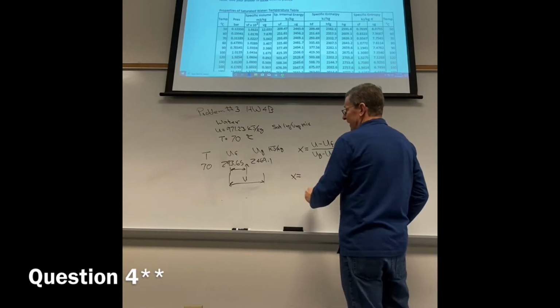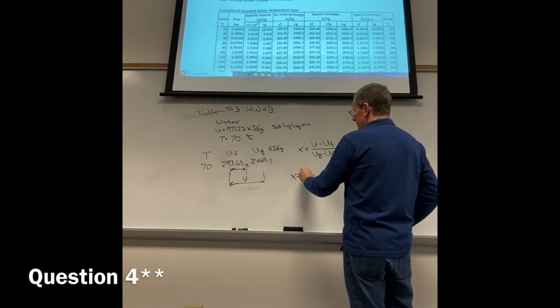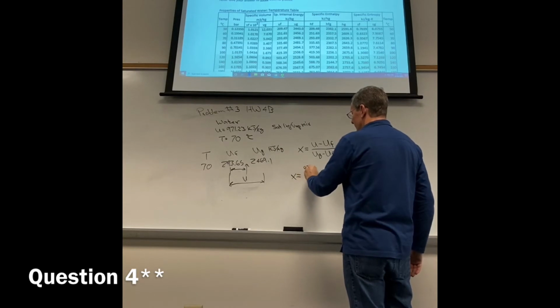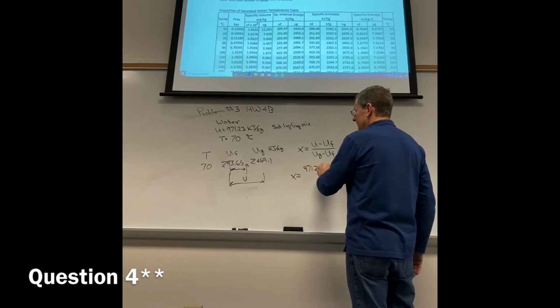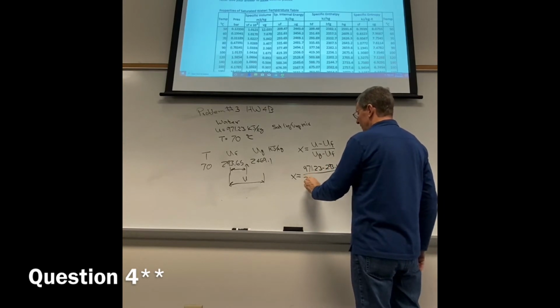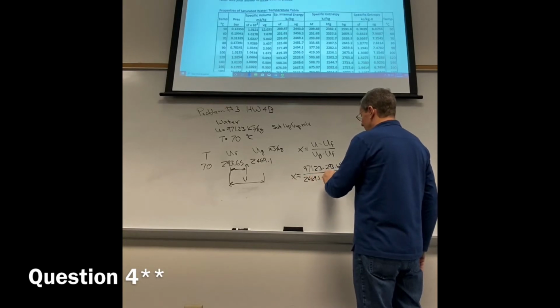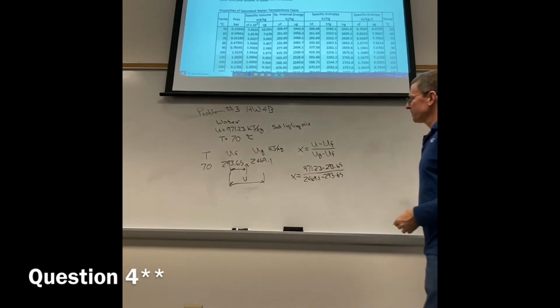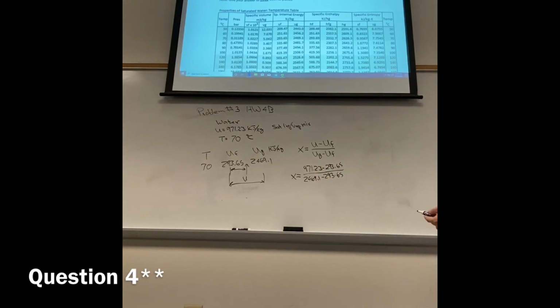And I get that X equals 971.23 minus 293.65 divided by 2469.1 minus 293.65. It doesn't matter that the 900, oh, never mind, I thought it was 9,000.